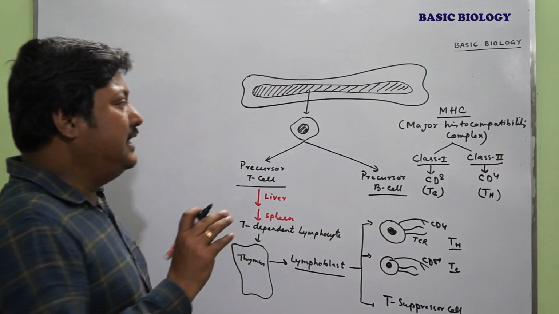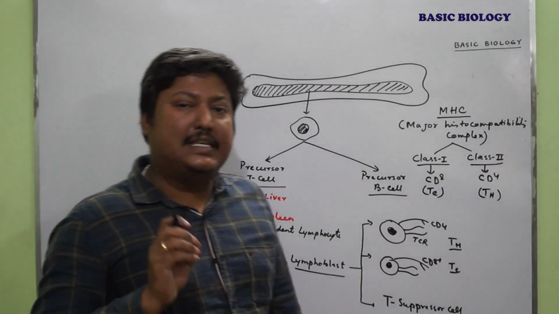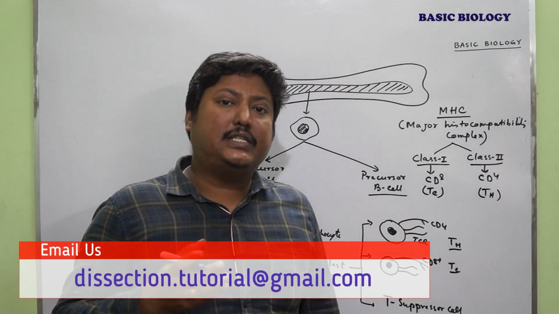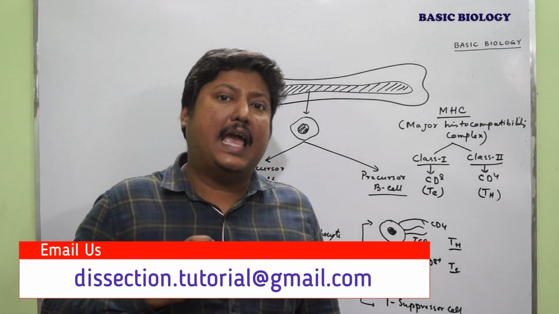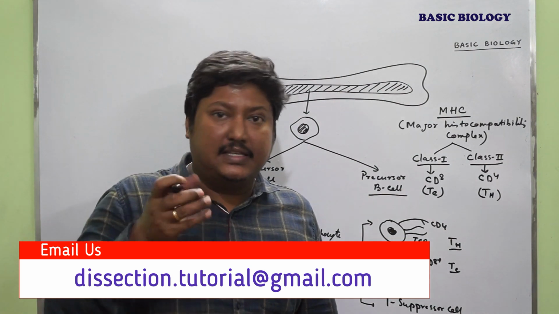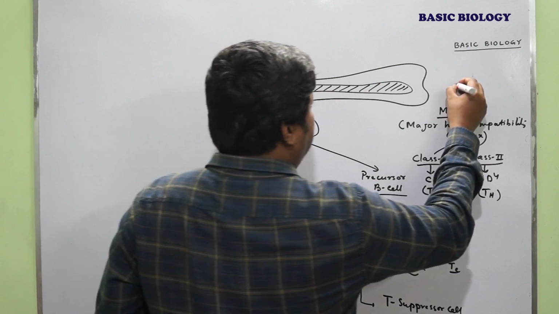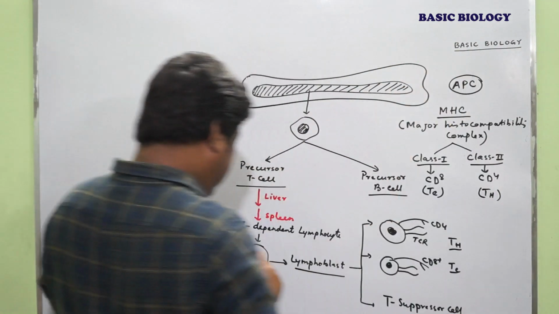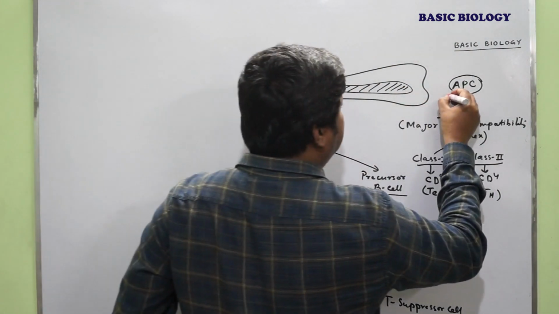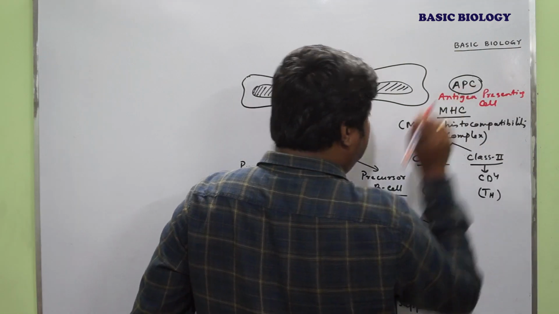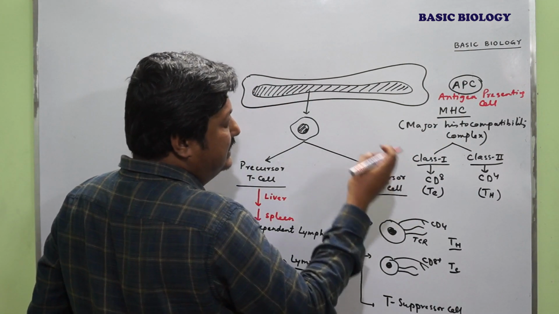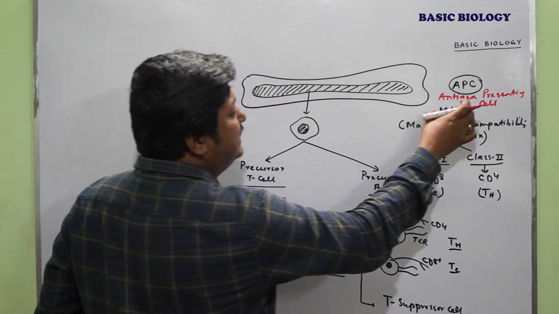And MHC is a membrane-bound receptor present in those cells which can present the antigen via this receptor. These kinds of cells are known as APC, that means antigen presenting cell. This cell can present antigen using the MHC.